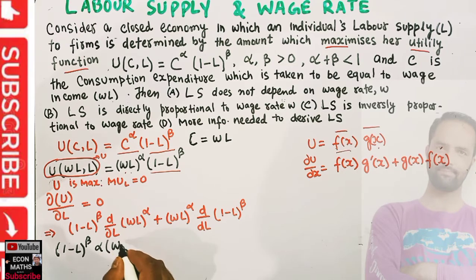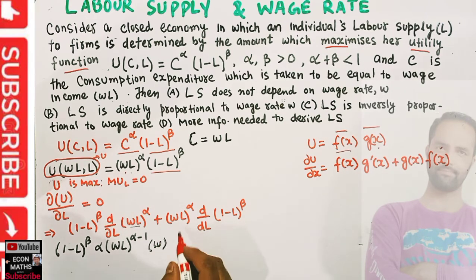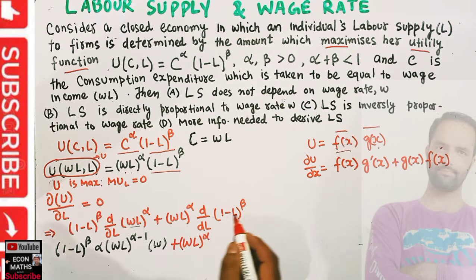We have (WL) raised to the power alpha minus 1. Then we differentiate internally, so the derivative of WL with respect to L is W. So let me write it here, W. Plus we have this (WL) raised to the power alpha, and we take the derivative of the other function by the power function rule.